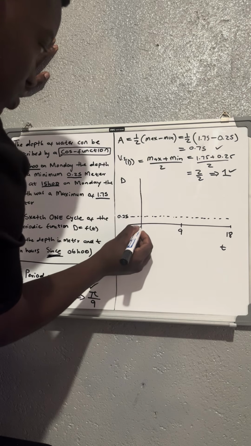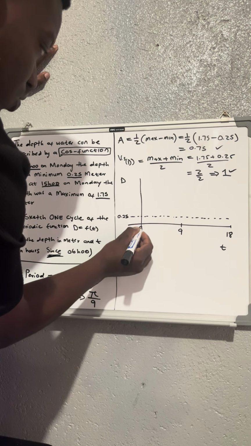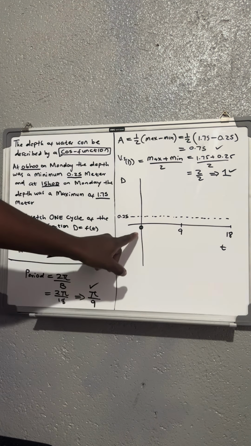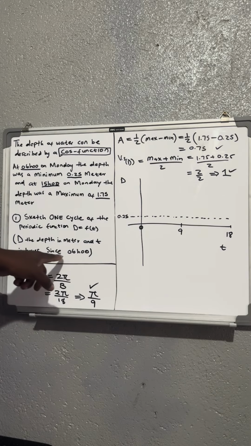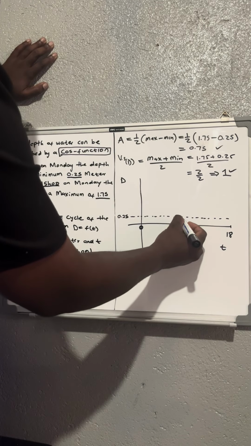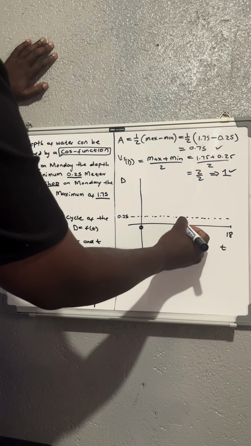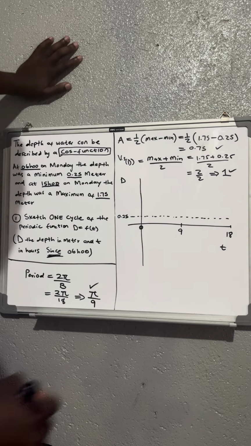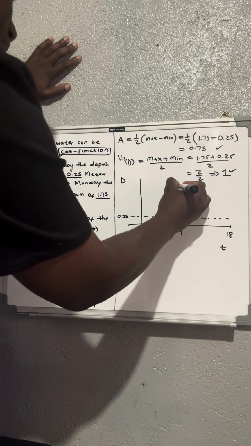Remember, here it was our starting point at 6 o'clock, our initial point. So at 9, what did we have? We're going to have that 1.75.